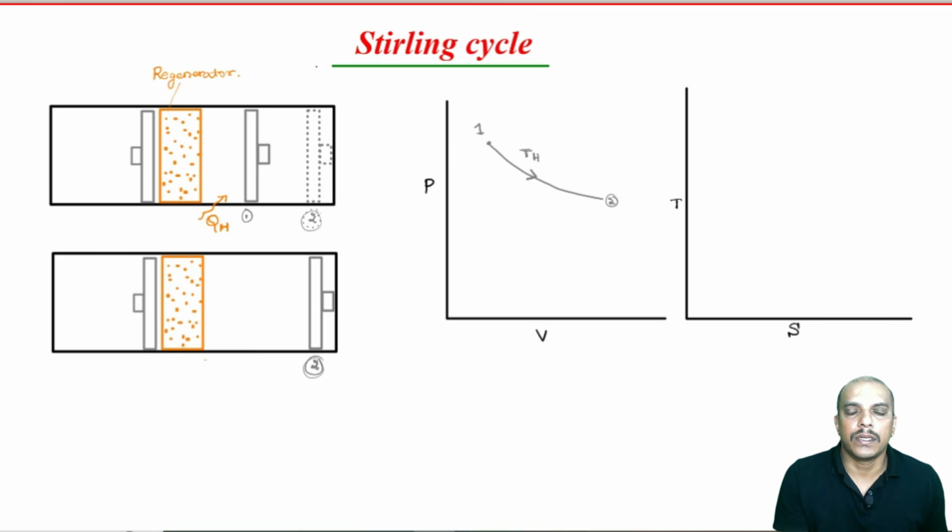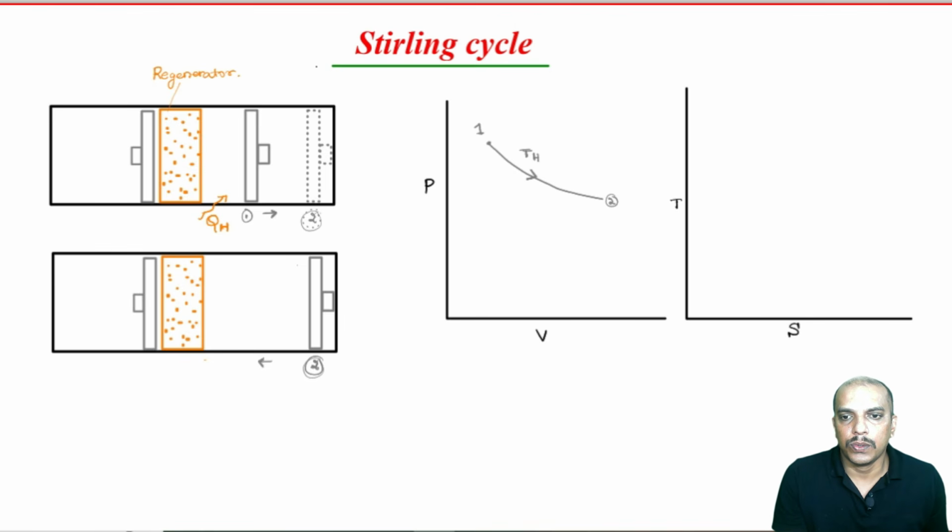So, at constant volume, the piston should move towards left. In the 1 to 2 process, the piston was moving towards right. Now, in 2 to 3, the piston should move towards left, and the left side piston was fixed in the process 1 to 2.